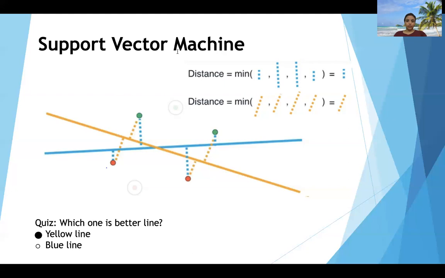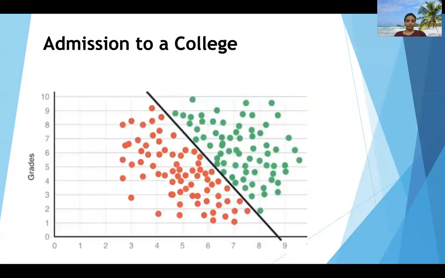So now let's move to another model. Look at this model for accepting or rejecting a student. Let's say we have a student who got 9 in test and 1 in grade. And the student got accepted according to our model, since the point lies above the line.